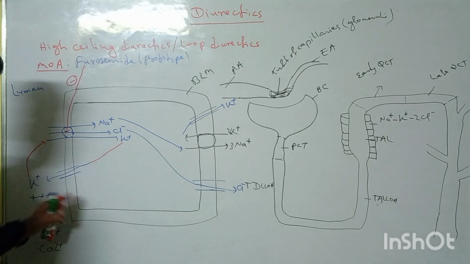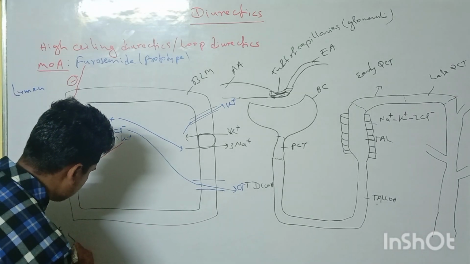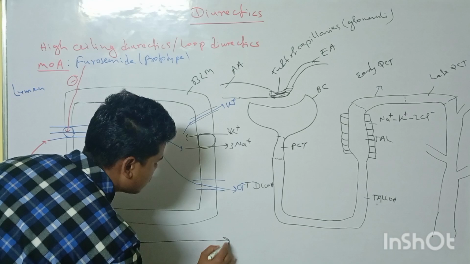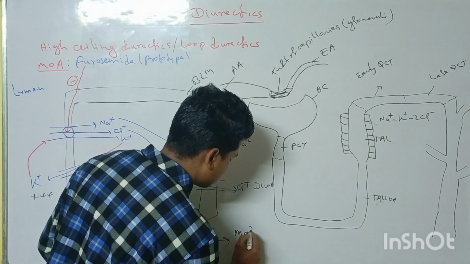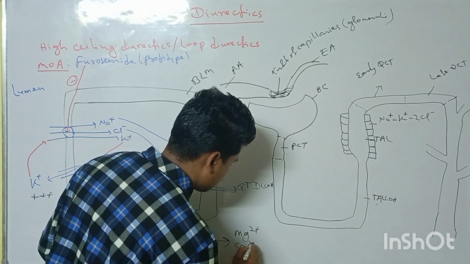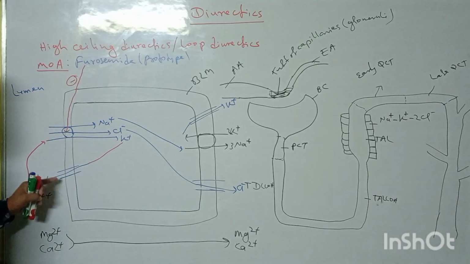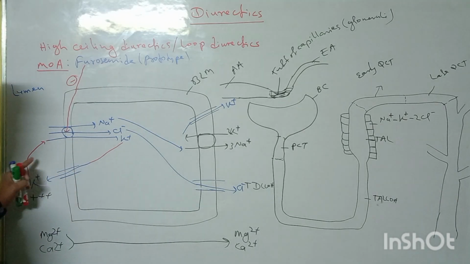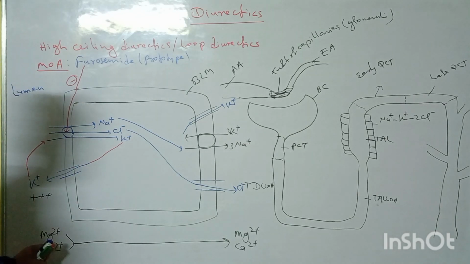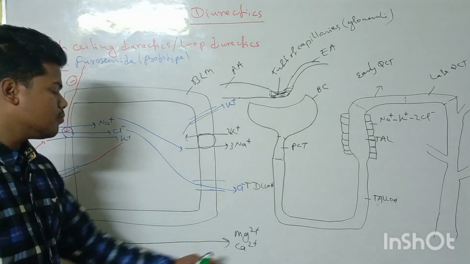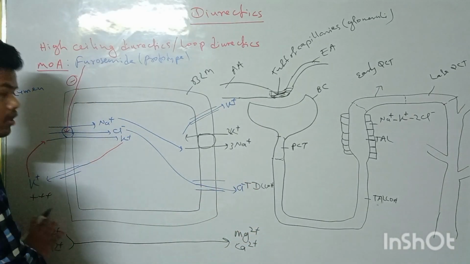To neutralize it, these bivalent metals will be transported through the paracellular pathway into the interstitium and then the plasma. So this leaking of potassium is the important driving force to transport magnesium and calcium into the plasma from the lumen.